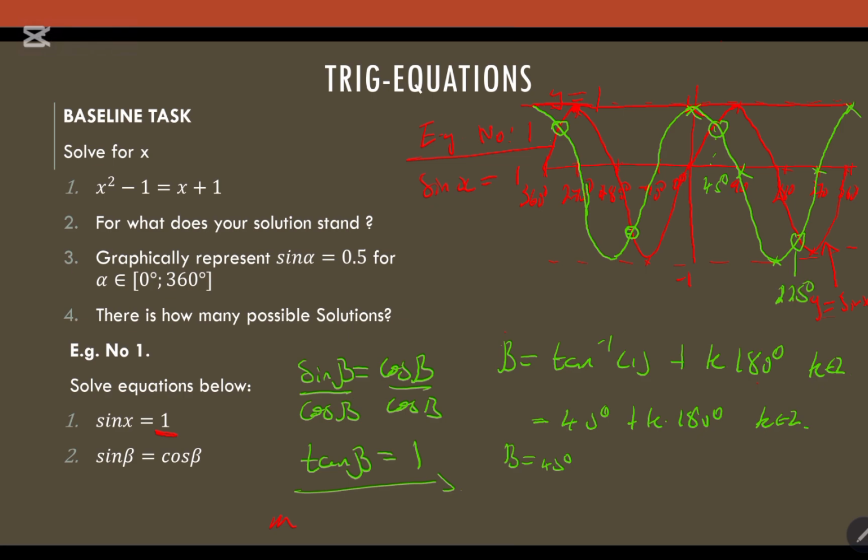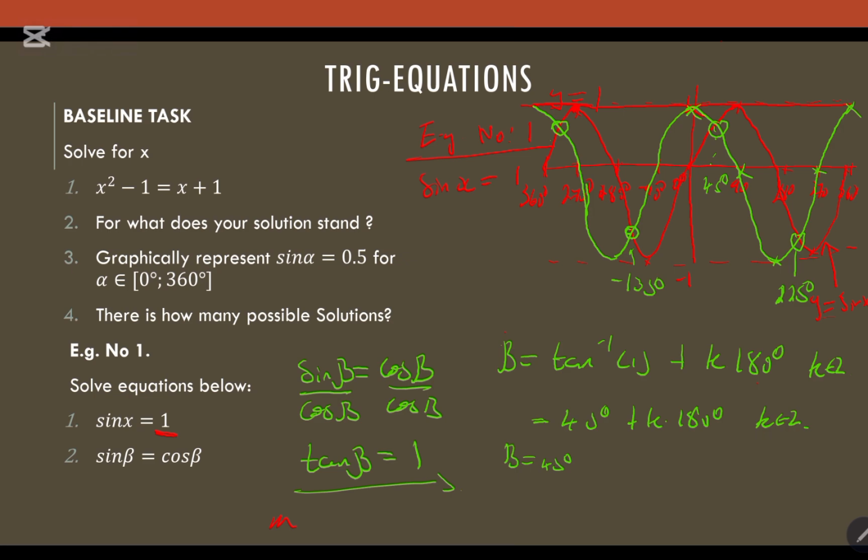And then on the other side, if you're looking for this angle, you simply replace k with -1, that is a negative integer. So we have 45 degrees minus 180, and that gives us negative 135 degrees. And therefore, the next one is found in the fourth quadrant. Now, you can just replace that k with a second negative integer.